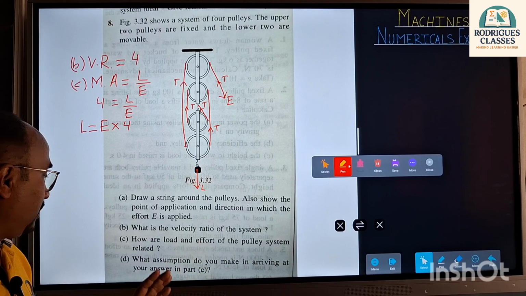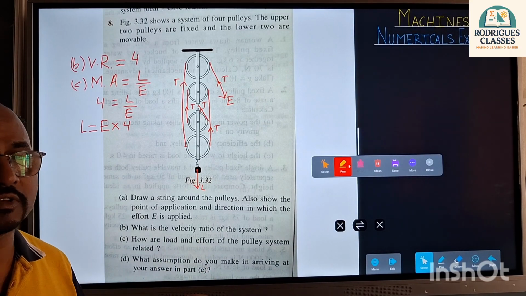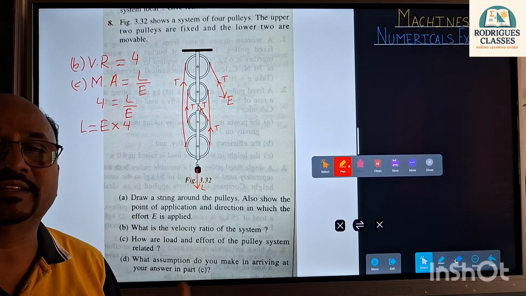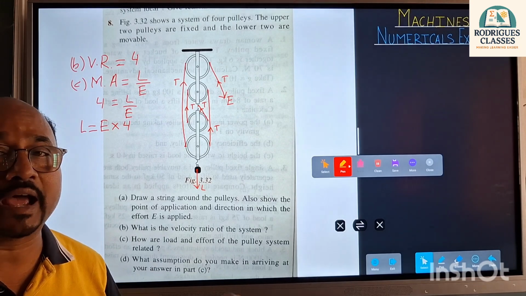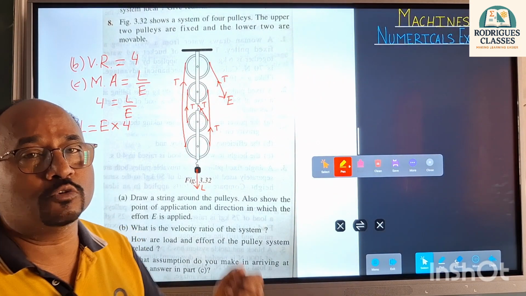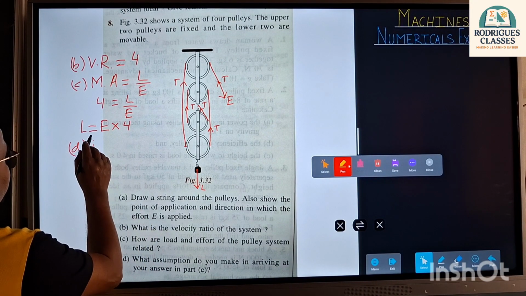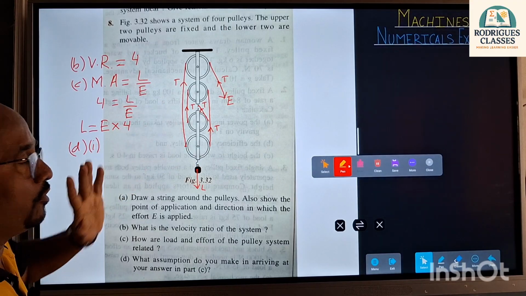Now in the D part, what assumption have you made in arriving at this result in part C? Because we have taken mechanical advantage directly as 4, it means we are considering it to be an ideal situation. So for an ideal situation, what all things we assume, we are going to write that. In the D part, for the first point, I will say we have not considered the weight of this lower block.